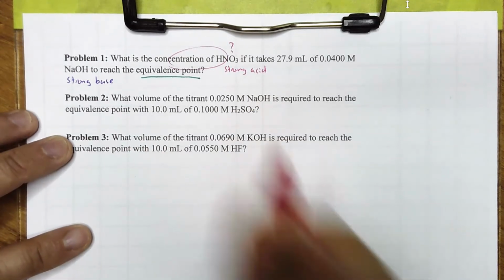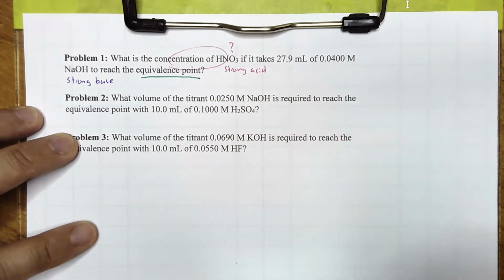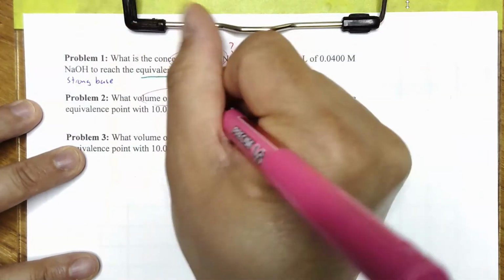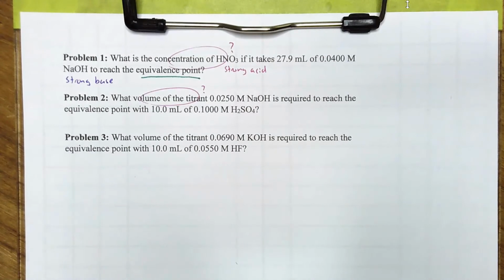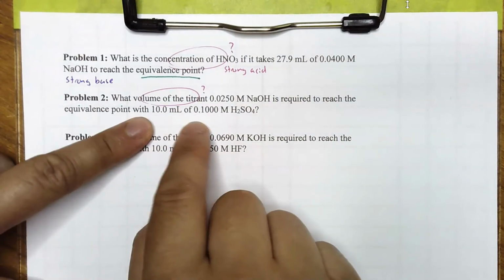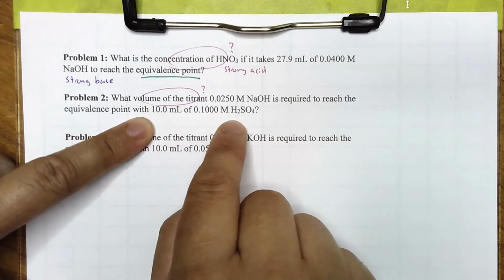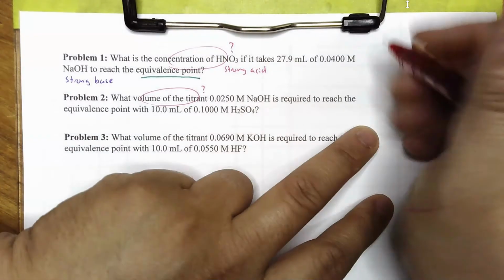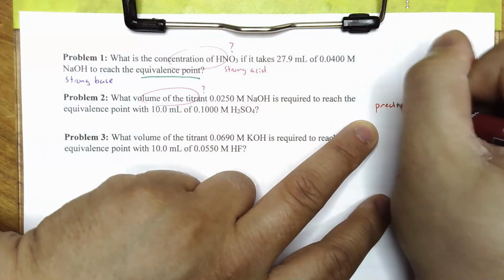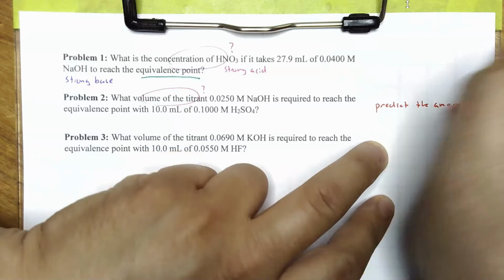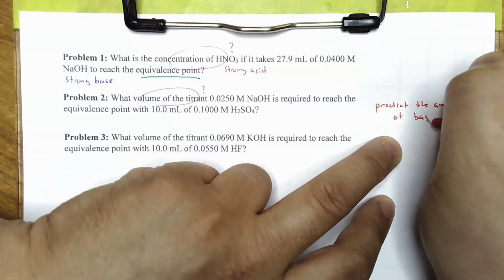Look at problem number 2. It asks for something different. What is the volume of titrant? So now how much base do I need if I know the concentration and the amount of what's in the flask? So this is like a prediction, predict the amount of base.